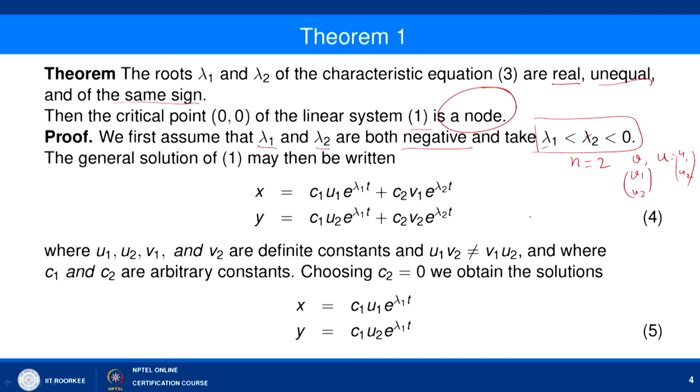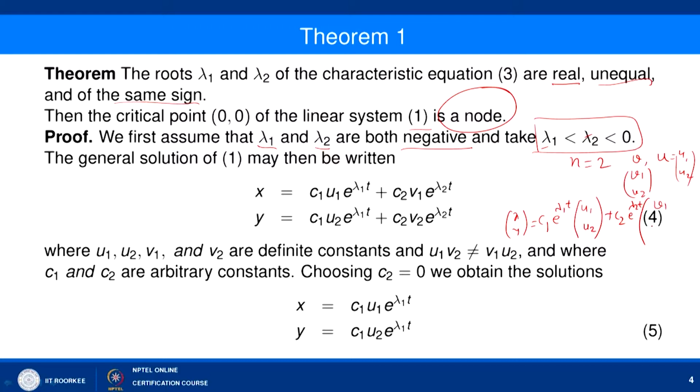So, let me write down the solution here. The solution xy is given as C1 e to power lambda 1 t times the eigenvector u1, u2, plus C2 e to power lambda 2 t times v1 and v2, corresponding to lambda 2.